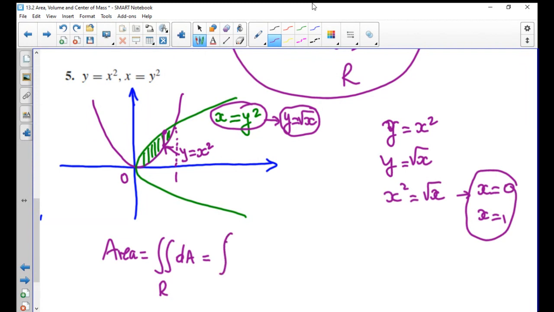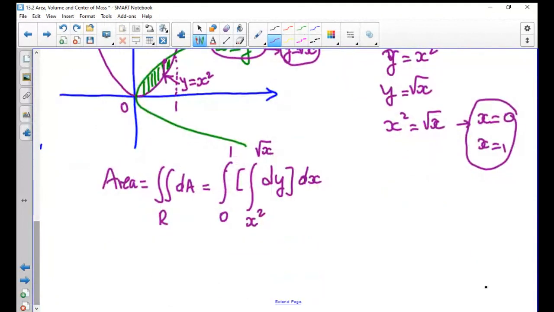So then we can say it's the integral with respect to y first from x squared to square root of x. Like this. And then you integrate that with respect to x from 0 to 1, like this.